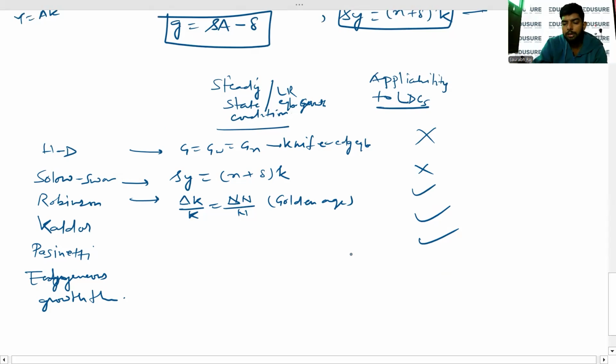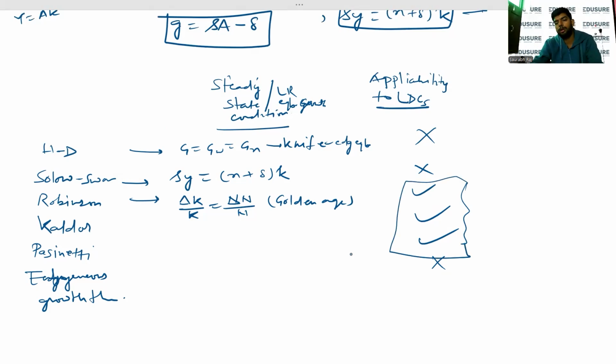So subsidy is not that much discussed. So this is not that much applicable to LDCs, but these are distribution theories where share of income was also distributed to the worker class. And they have also considered the issue of unemployment. So that's why these are more applicable to lower developing economies.